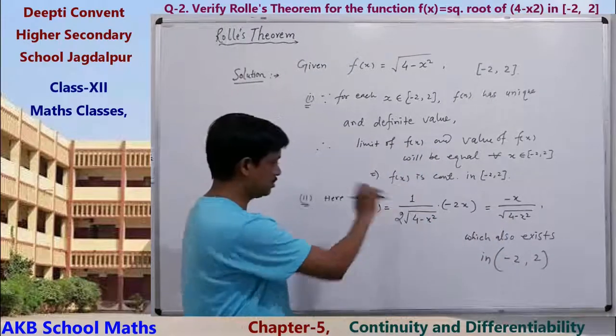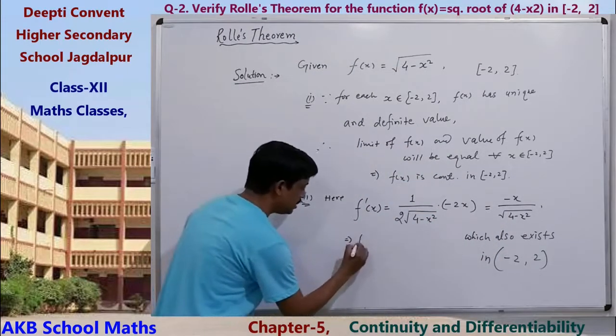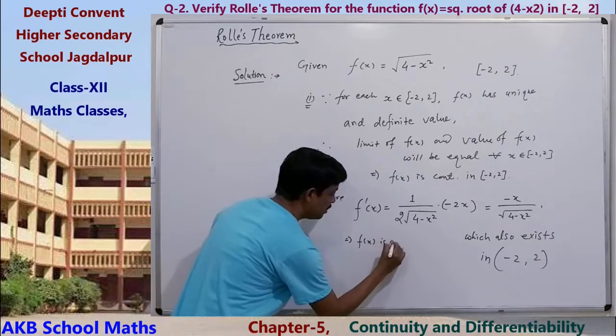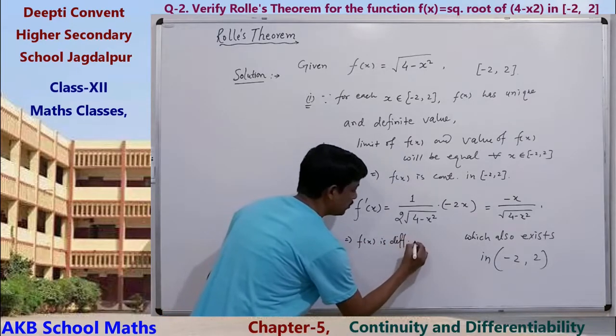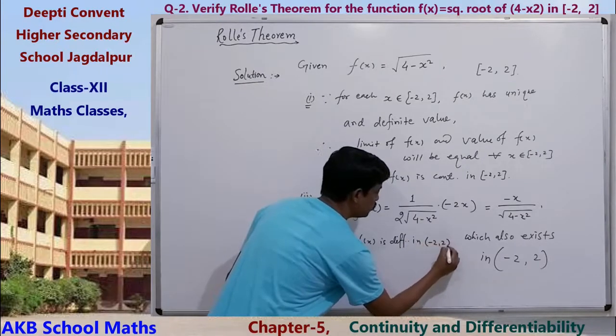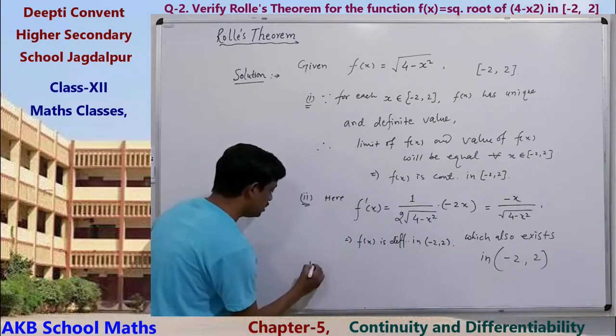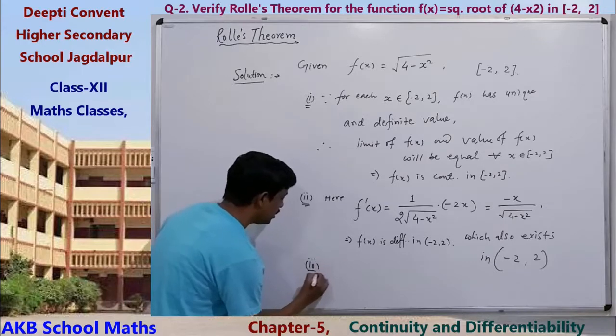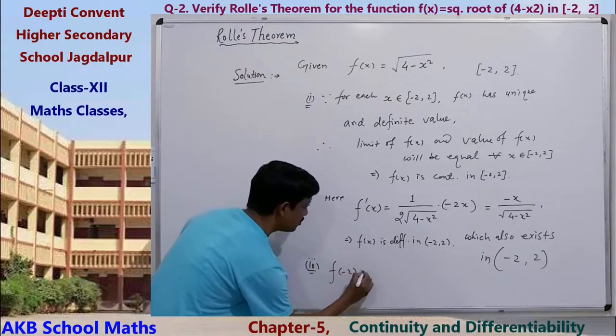So the second condition is true, that is f(x) is differentiable in minus 2 to plus 2. And the third condition is what? F of minus 2 equals what?